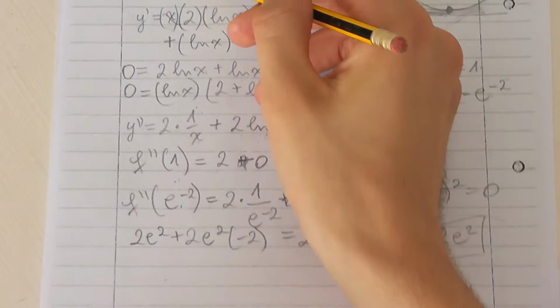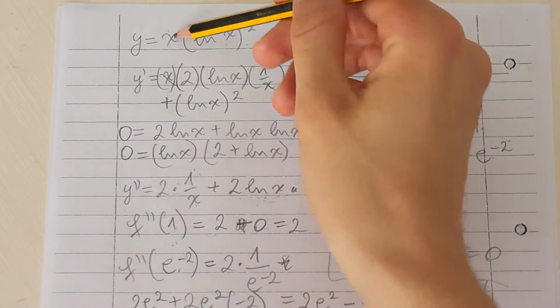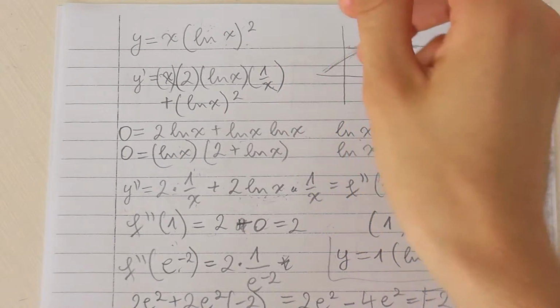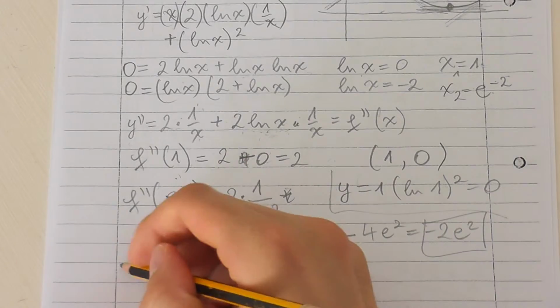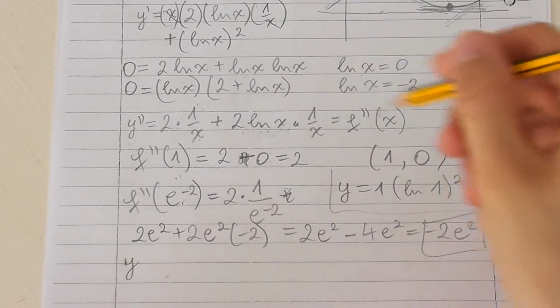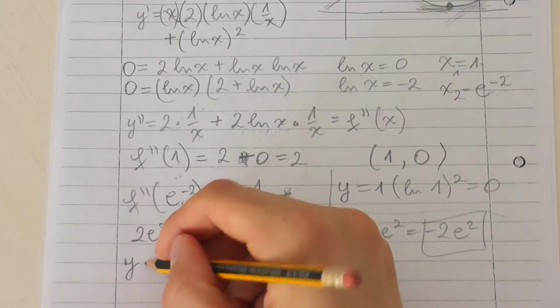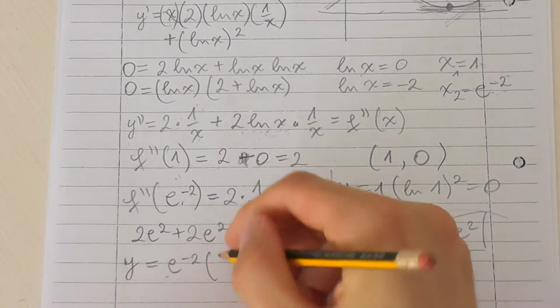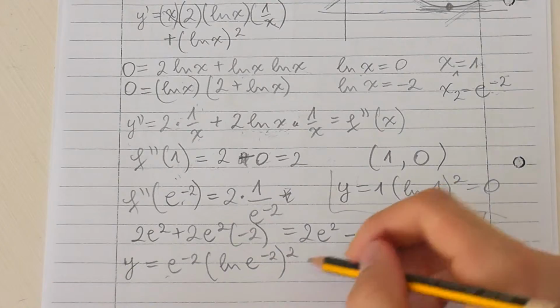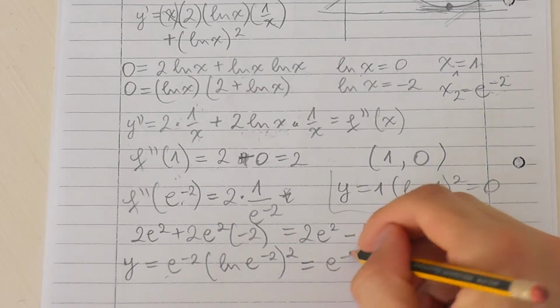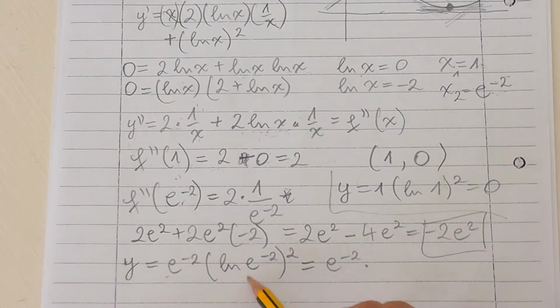Our equation up here was y is equal to x times ln x squared, and then we're going to plug into that our second x value, ln of e to the minus 2, squared. This gives e to the minus 2 times, again, e to which power is e to minus 2?